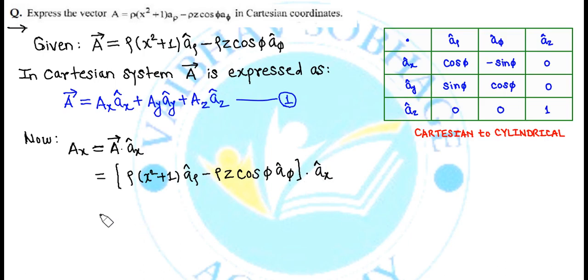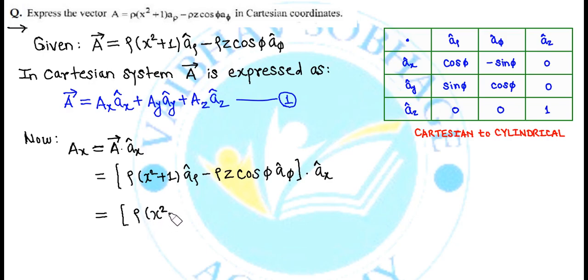So for now we will keep things simple so that it will not get messed up. Very firstly we are just going to have the dot product between a rho and ax, and a phi and ax. Okay, so we will keep that one as it is for now.